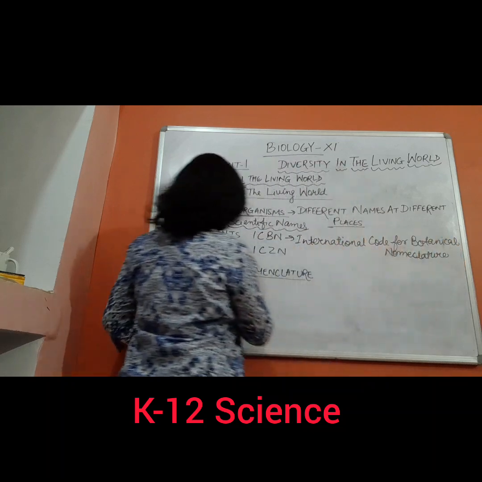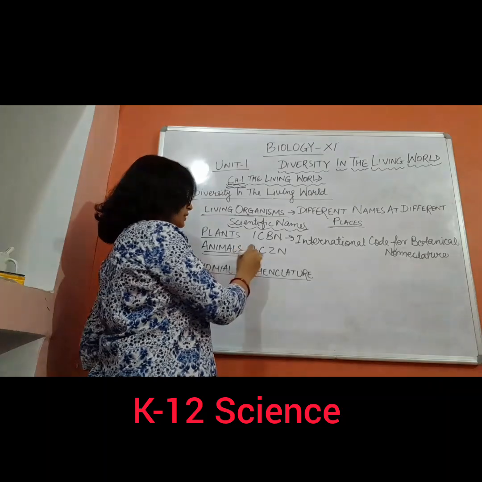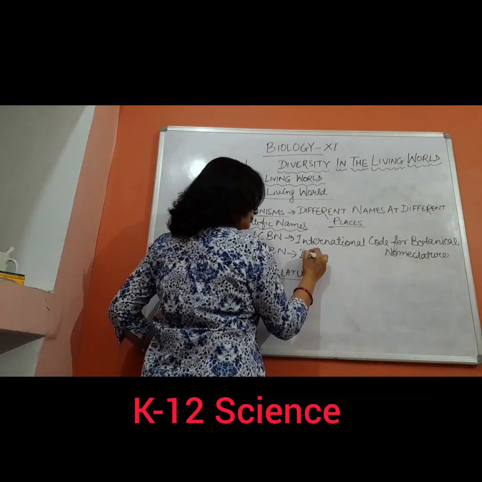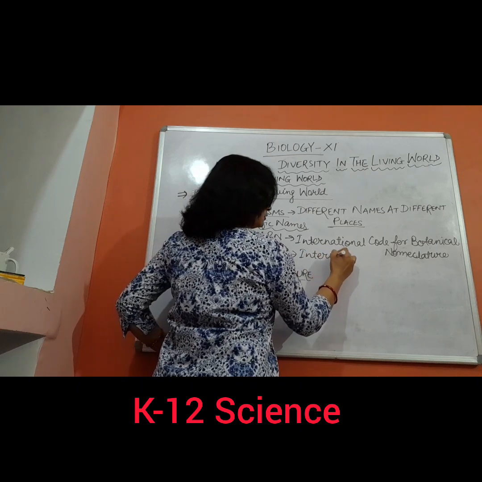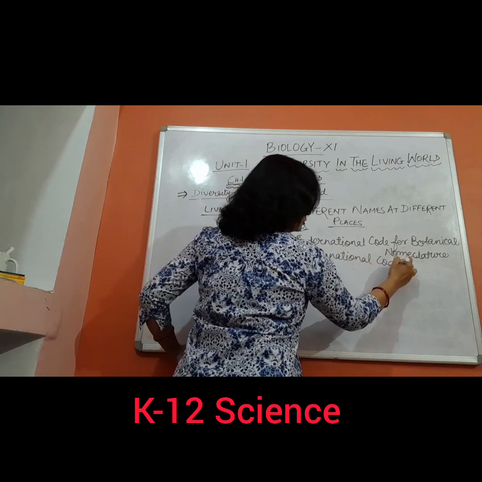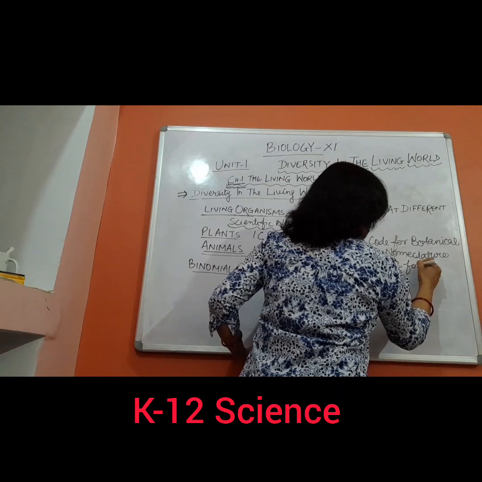And next is for animals. There is ICZN. The principal codes are given in the ICZN. That is International Code for Zoological Nomenclature.